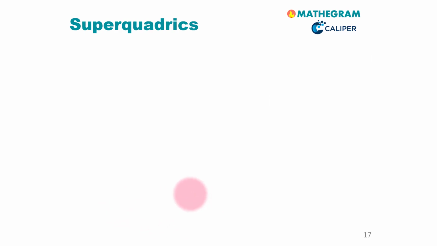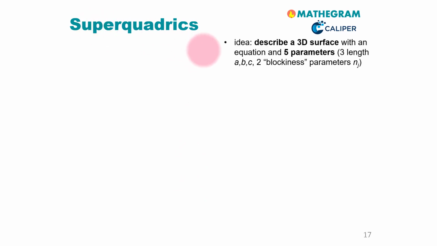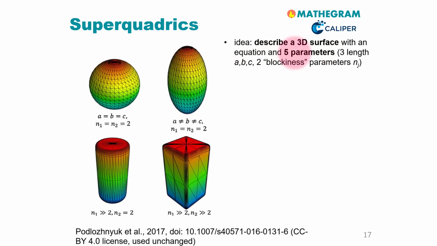Let us now move on to the last shape representation, and these are superquadrics. The idea here is to describe a three-dimensional surface with an equation that has 5 parameters. I don't show you the equation here, but believe me, there are 3 length parameters, a, b and c. You see, if a, b and c are equal, we arrive at the sphere.